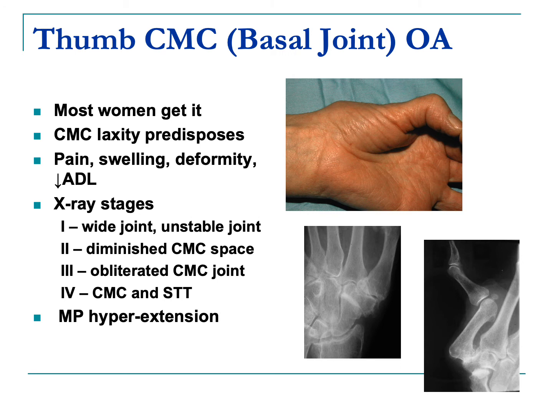In stage 2, the joint space is reduced between the metacarpal and the trapezium, but there's still some joint space present. In stage 3, the joint space is completely absent, and in stage 4, there's arthritis not only between the metacarpal and the trapezium, but the trapezium and the scaphoid.